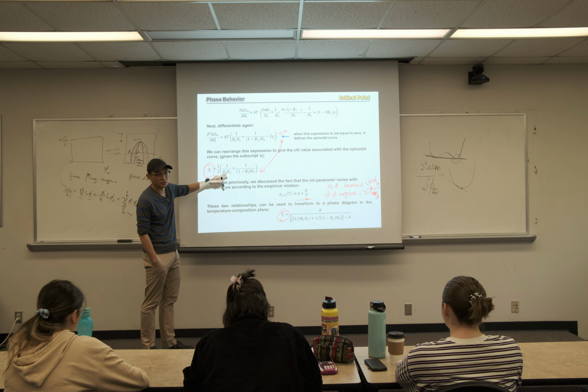I think that will be everything. Oh, one more thing. We can get the critical temperature using a similar equation, and we can get the critical chi C. This we haven't talked too much about. So this will tell you what critical interaction parameter would make it phase separate.